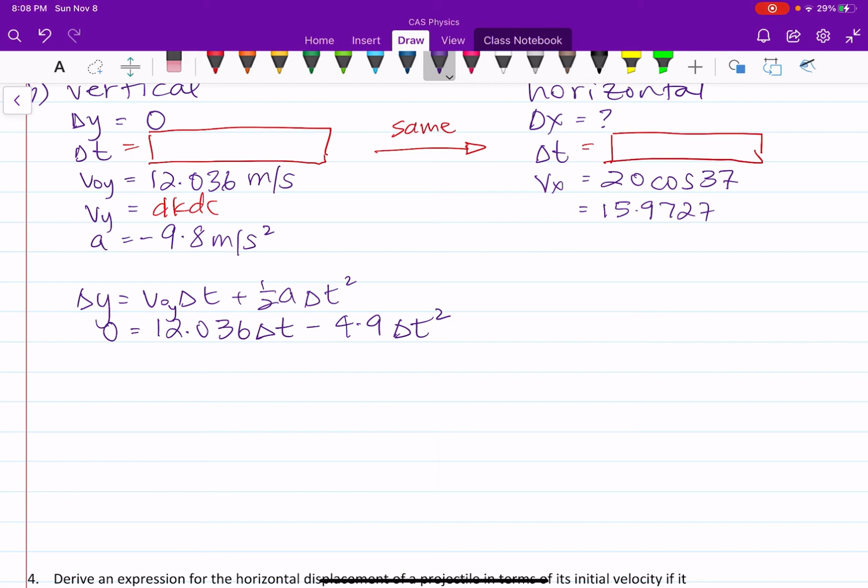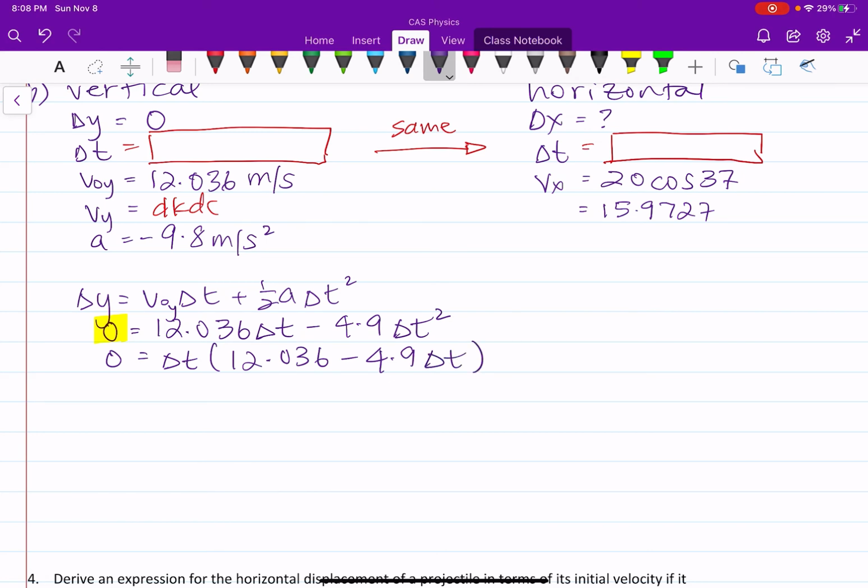The fact that delta y is 0 makes this easier to solve. We don't have to go to the quadratic equation. We can factor out a delta t, in fact. There's a lot of ways you can do this. 0 equals delta t times 12.036 minus 4.9 delta t.